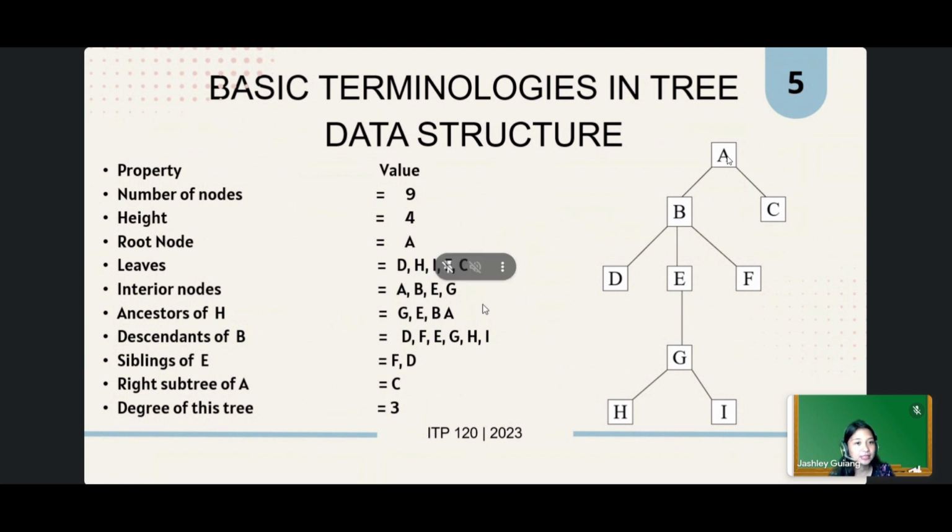A has only 2, B has 3, then E has 1, and G has 2. So the maximum is 3, which is naandon kay B. The degree of this tree is 3.